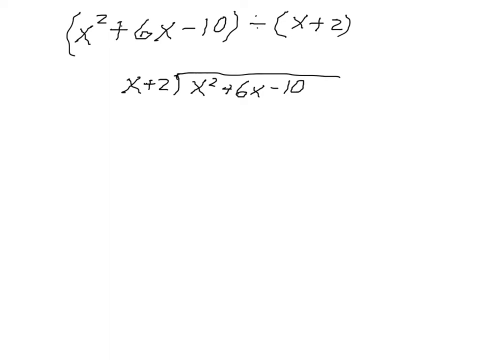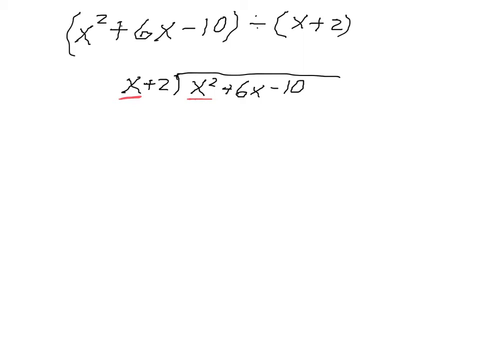All right, now, initially here, we start off, and we don't look at the whole x plus 2, and we don't look at the whole x squared plus 6x minus 10. We only look at this first term. We only look at the x and the x squared. Okay? And we ask ourselves, how many times does x go into x squared? Or another way of looking at it is x squared over x is equal to what? And our answer is x.